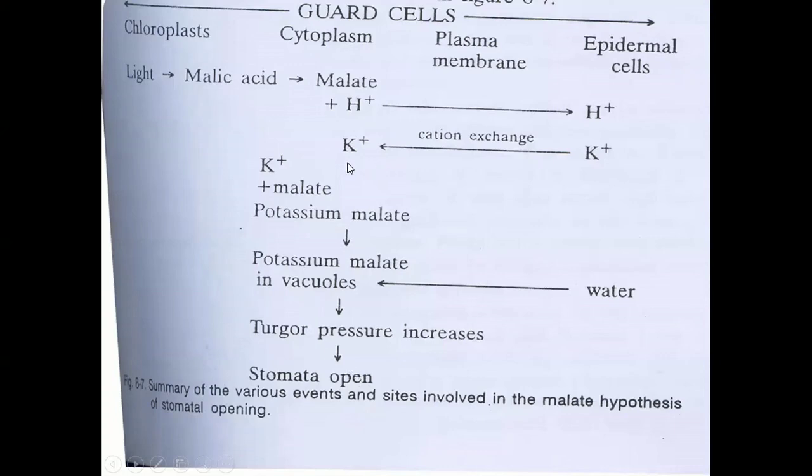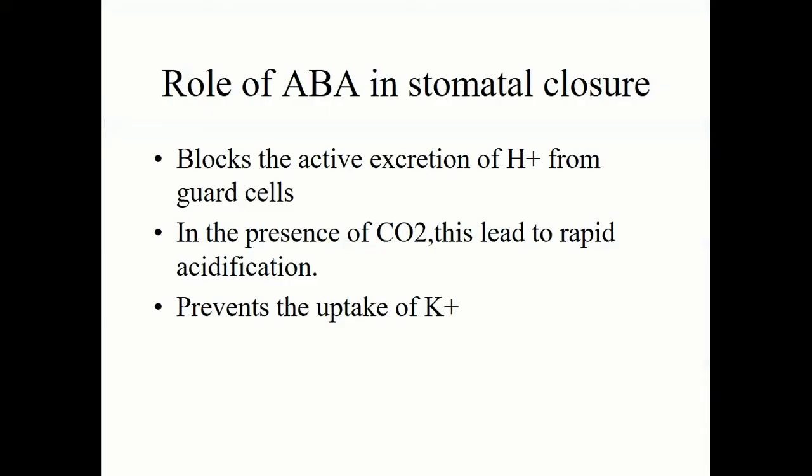Okay, so this hypothesis explains the mechanism of opening and closing more clearly. This theory is accepted to explain the mechanism of opening and closing of stomata. So this is about the mechanism of opening and closing of stomata.